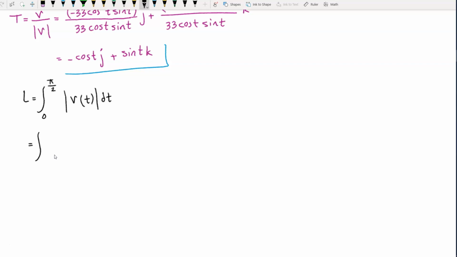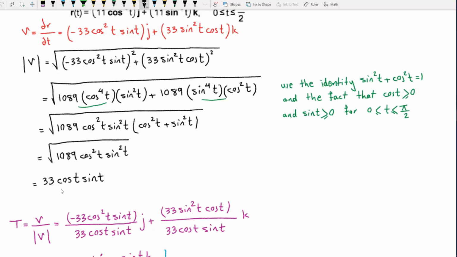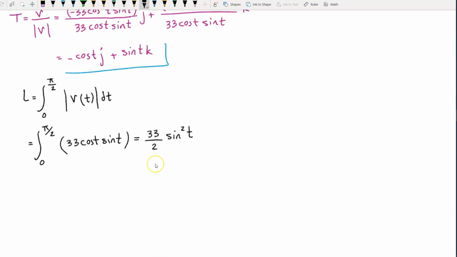So this is equal to the integral from 0 to pi over 2, and for the length of the velocity vector we have 33 cosine t sine t. So integrate, and this is equal to 33 over 2 sine squared t, from 0 to pi over 2.